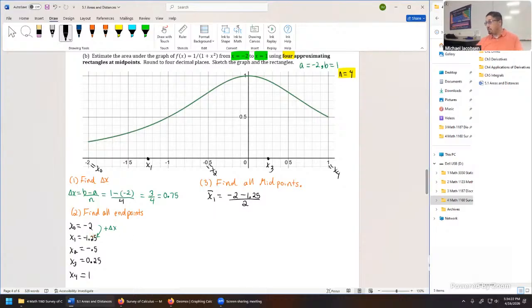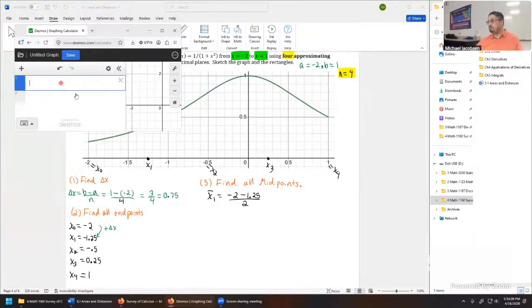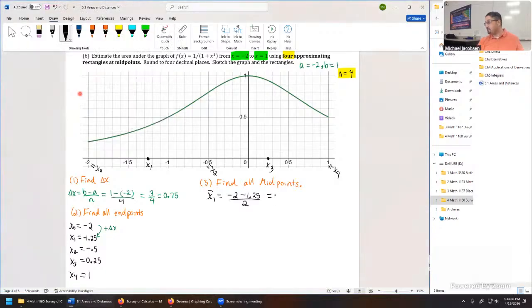So average those values. Let me minimize this calculator. So -2 minus 1.25 divided by 2 gives us -1.625. So that's our very first midpoint.